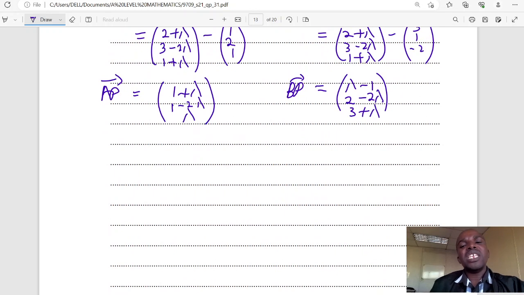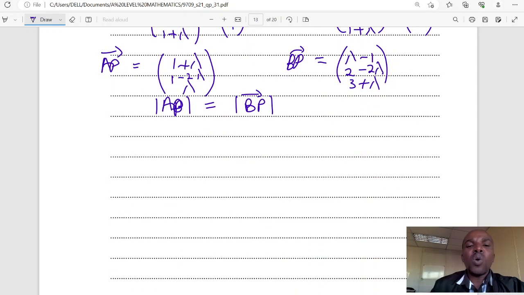So since BP is equal to AP in length, I can say the magnitude of AP is equal to the magnitude of BP, since the lines are the same, equal in length, which means equal in magnitude.